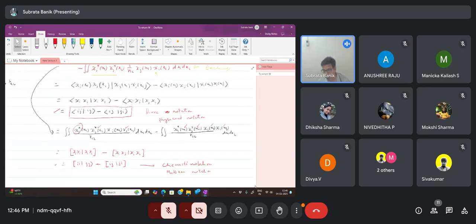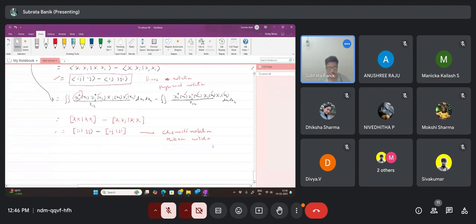We can see that we can also write the same expression in the following way. This expression I can also write in the following way. I can write the whole thing as, left side I have the same, right?